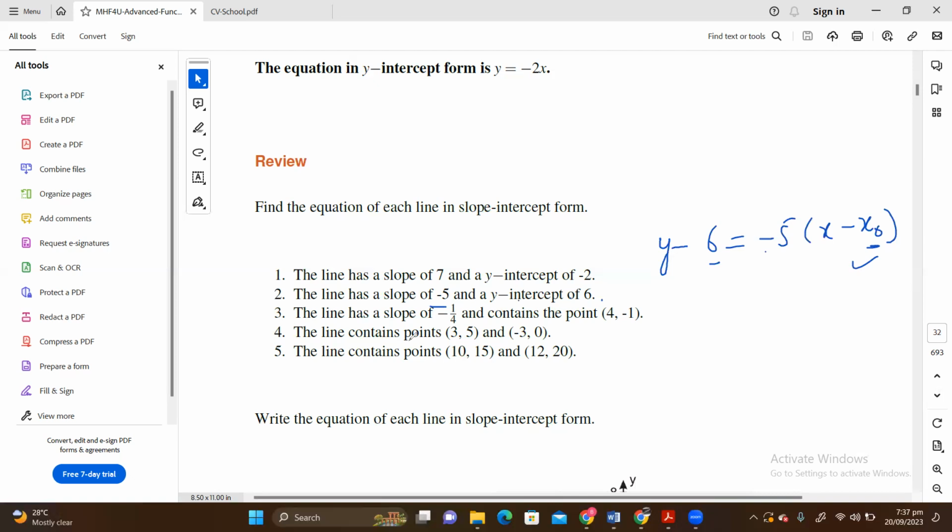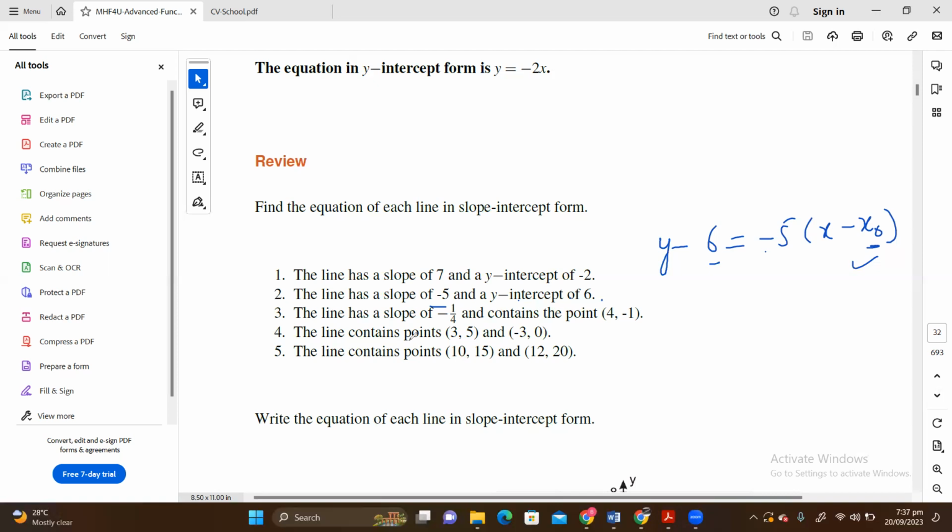The third one: the line has a slope of m equal to minus 1 by 4 and contains a point, 4 and minus 1. The slope is given, so y minus y naught is equal to m times x minus x naught.